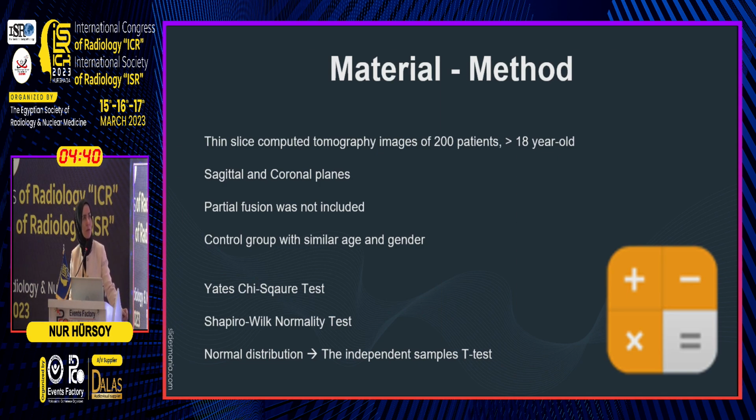I chose 200 patients randomly and examined the sagittal and coronal planes for complete Manubriosternal fusion. The control group was selected with similar age and gender, and I applied the statistical tests.